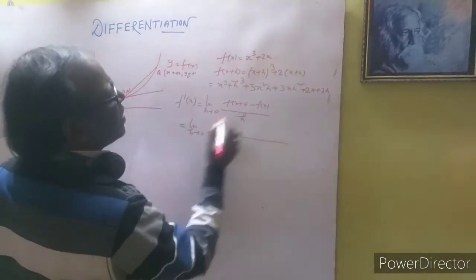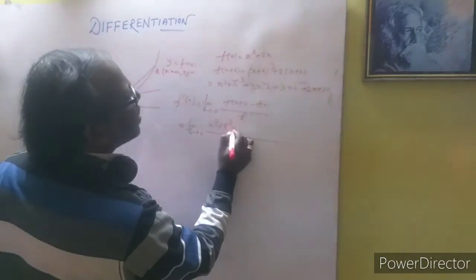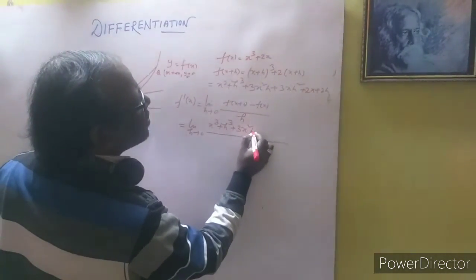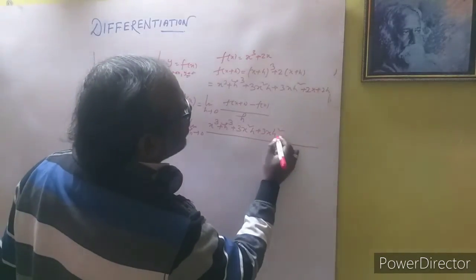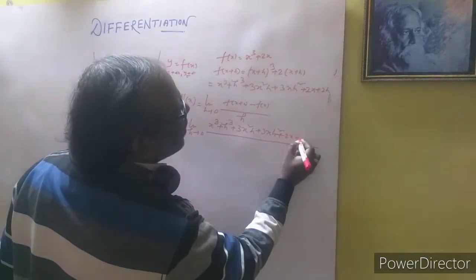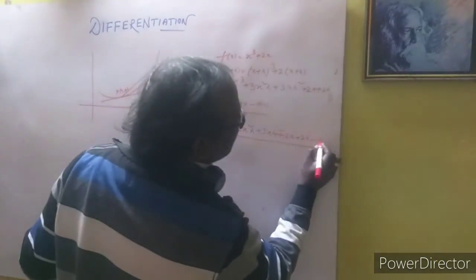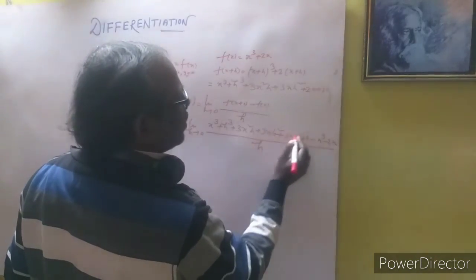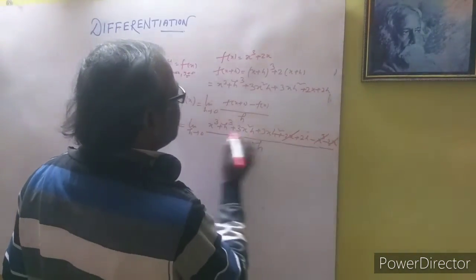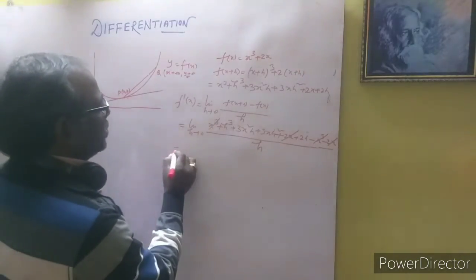limit h tends to 0, and this function is this x cube, h cube, 3x square h, 3x h square, 2x, 2h, minus f of x. This is your minus f of x, x cube minus twice x, by h here. So x cube and x cube are cancelled, plus minus.